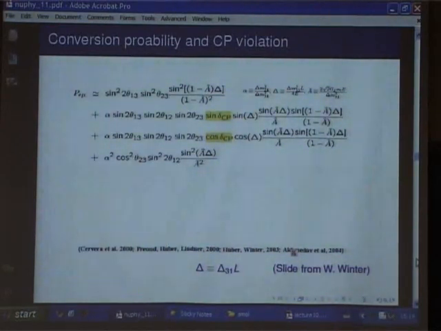This looks like four very long terms, but let's look at them carefully because they have some pattern. Firstly, these are just notations which we already did. This is not a part of the solution. Alpha is delta 21 divided by delta 31.